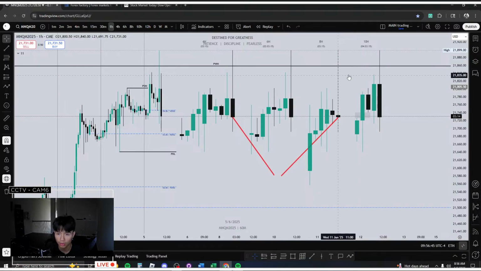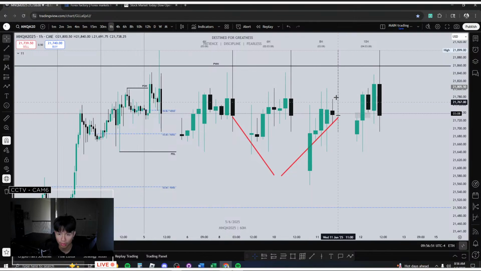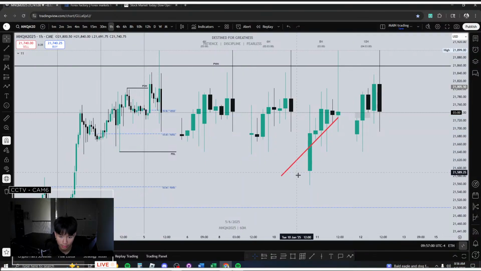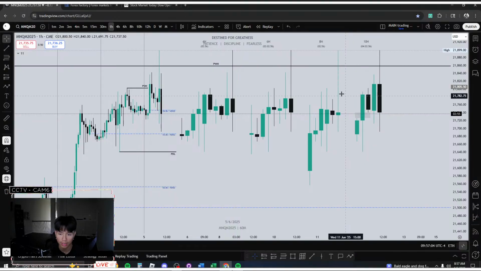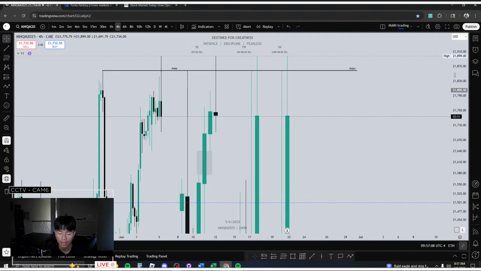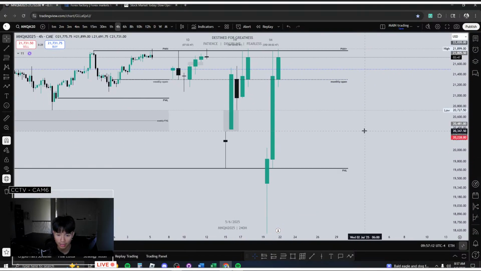If this 8-hour candle closes bearishly, then where I want to see prices go is towards the low here. That would be my morning objective. So depending on how we close on the 8-hour and 4-hour time frame will give me an objective for the morning.